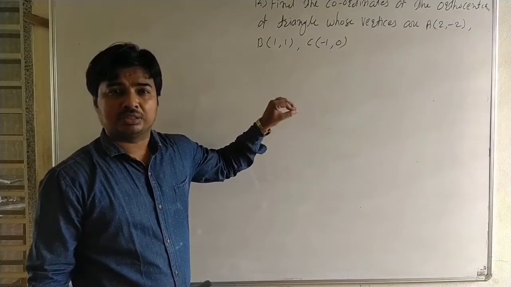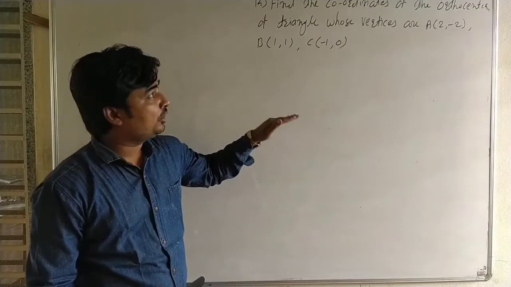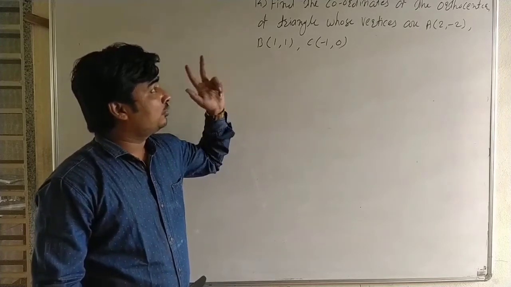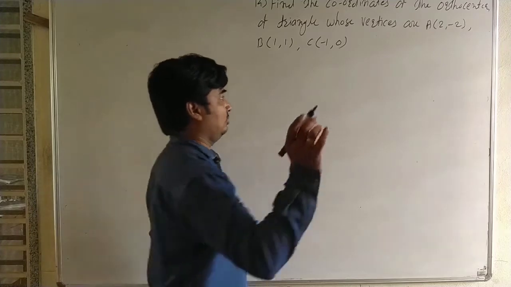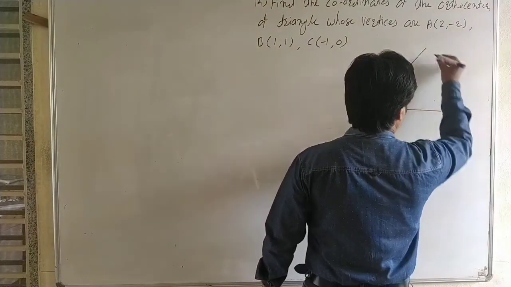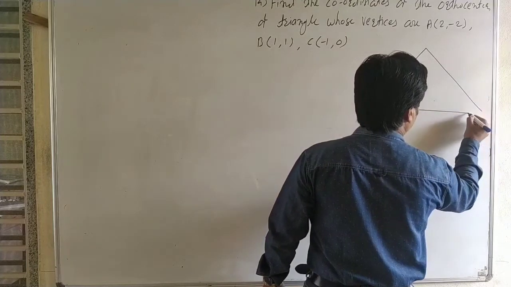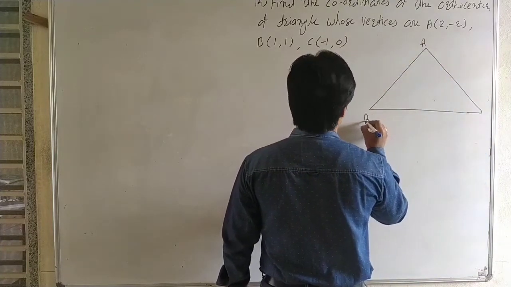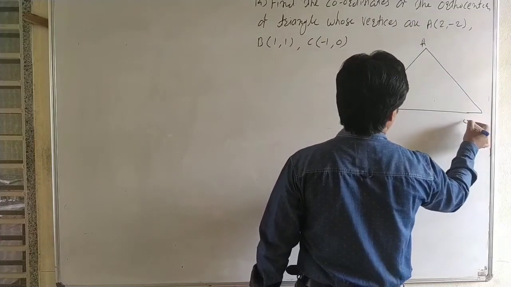What is the orthocenter? The orthocenter is the point of concurrence of the altitudes of a triangle.